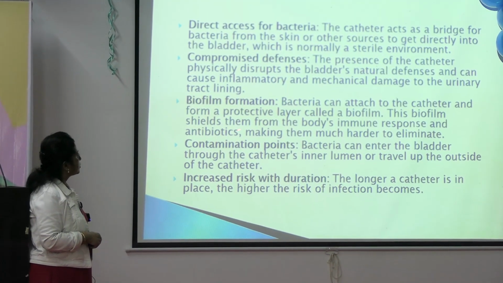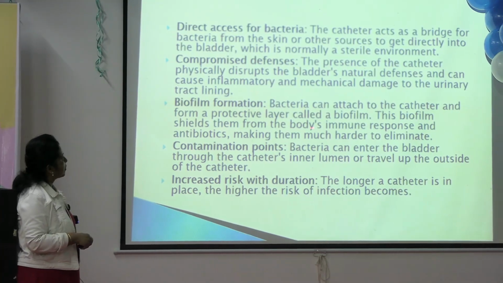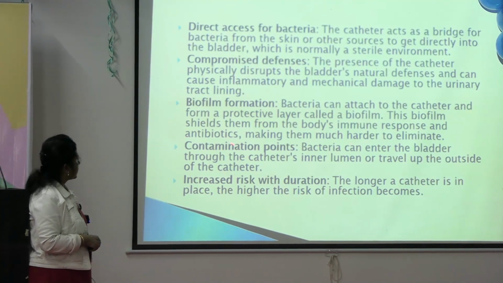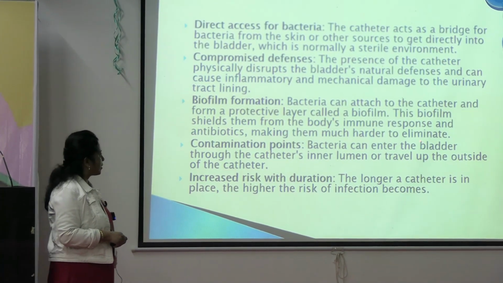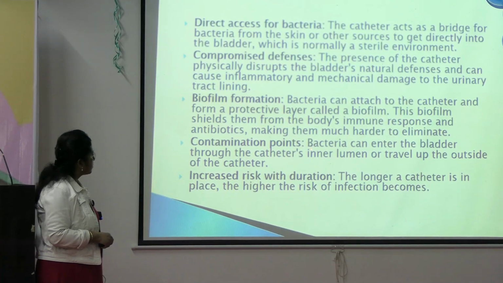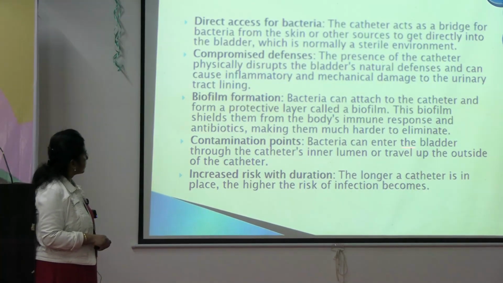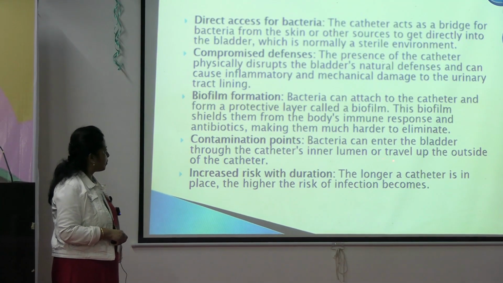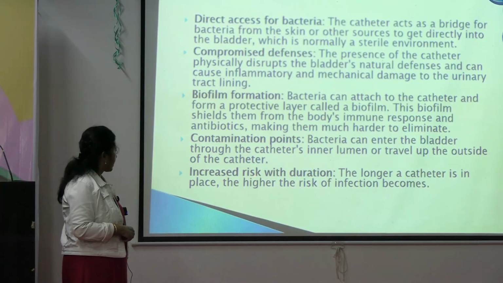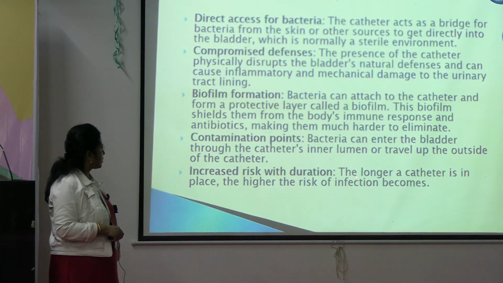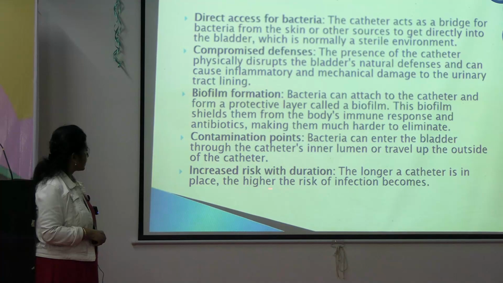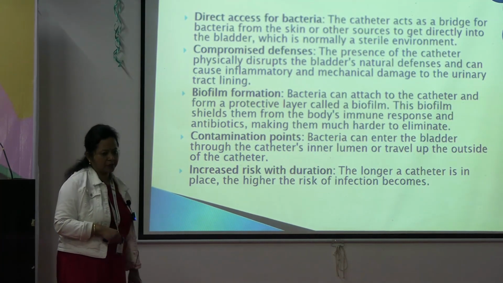This biofilm shields them from the body's immune response and antibiotics, making them much harder to eliminate. Contamination points, bacteria can enter the bladder through the catheter's inner lumen or travel up the outside of the catheter. Increased risk with duration. The longer a catheter is in place, the higher the risk of infection becomes.